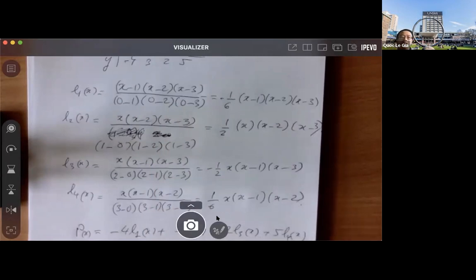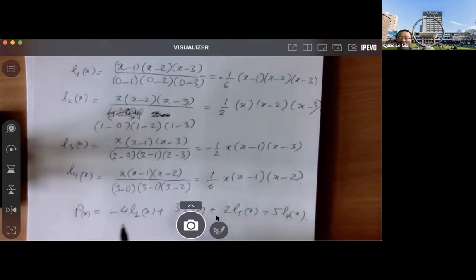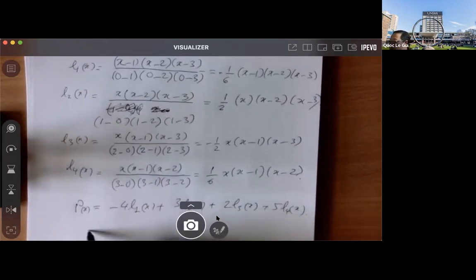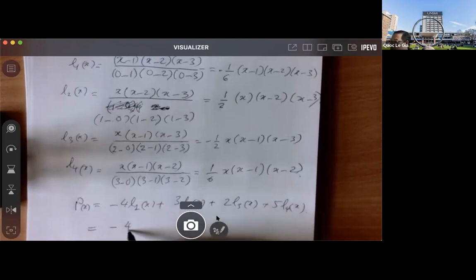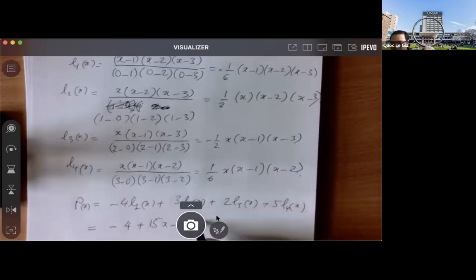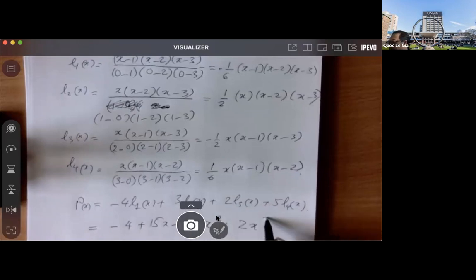So you can leave it like this, okay? Or if you have time, you can expand it and simplify it. Suppose you have the time to expand and simplify it, then you will get something like minus 4 plus 15x minus 10x squared plus 2x cubed.